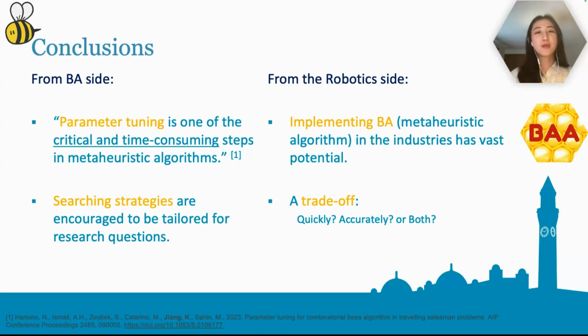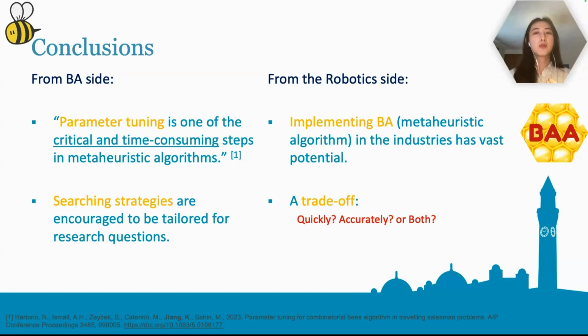And there is one point that I really want to call your attention to here, which is the trade-off issue. I know that many of us, the BA users, want to pursue the very best result of the BEAS algorithm to compare with other meta-heuristics. And this is good, we should. But as our first presenter, the professor, said, there is a no free lunch theorem.